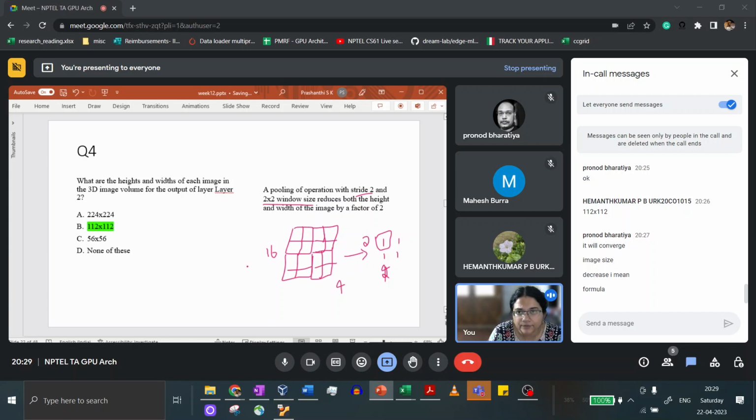So earlier you had 224 cross 224. So both width and height reduce by a factor of 2, which gives you 112. So whenever you are asked about big images like this, a simple way is to take a small image, try to retain the same filter size and the stride and work it out, and then apply whatever you learn from that to a bigger image. Hope this is clear.